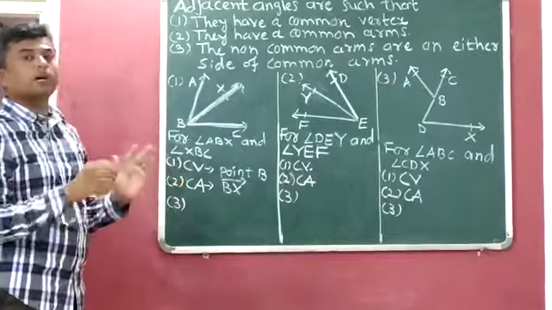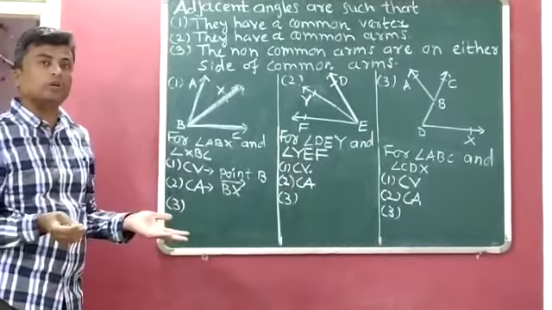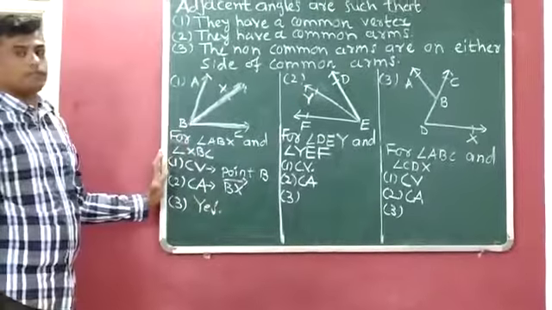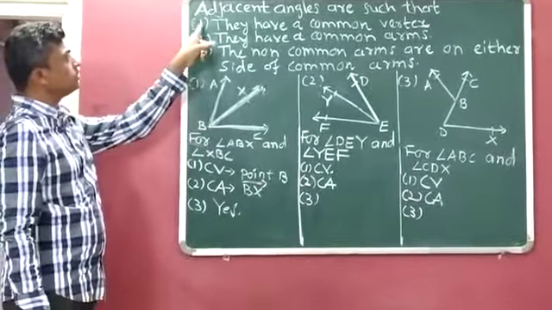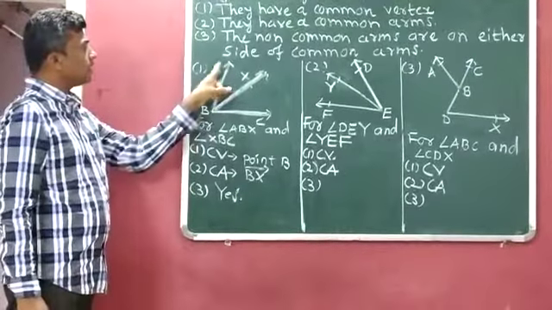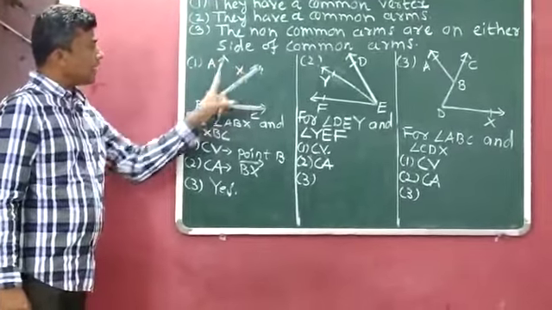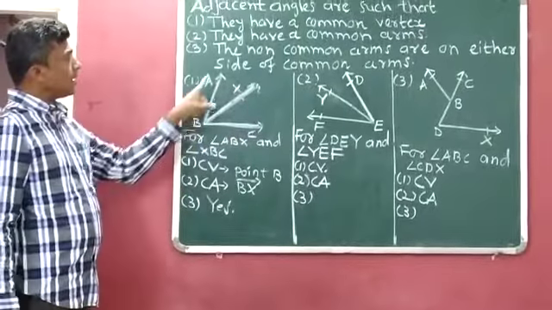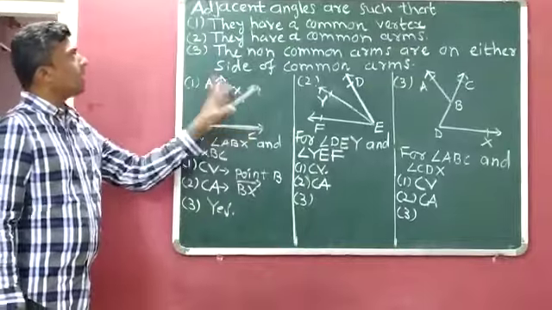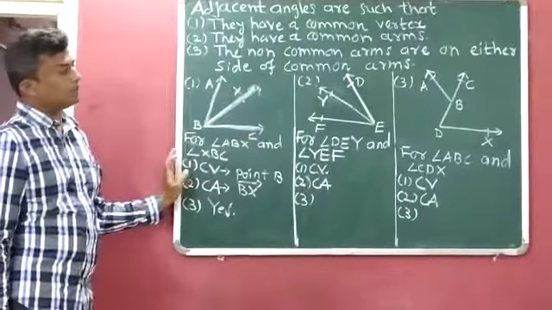So the third condition is also satisfied. It means all three conditions are satisfied by angle ABX and angle XBC. So angle ABX and angle XBC are adjacent angles.